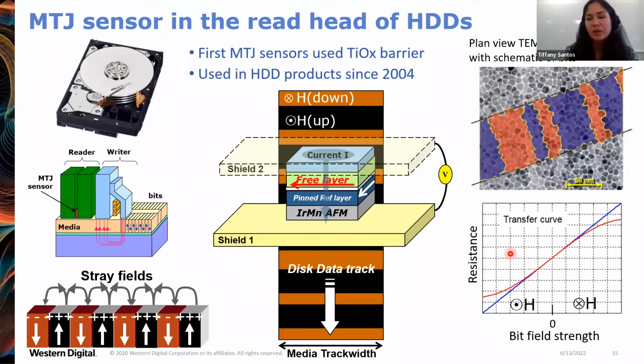As a result, you'll get a higher resistance state for bits with magnetization going into the plane of the slide, and lower resistance for bits having a stray field coming up out of the plane of the slide. So this is a transfer curve showing resistance versus the field strength. And this is how the data is read from the hard drive using a magnetic tunnel junction.